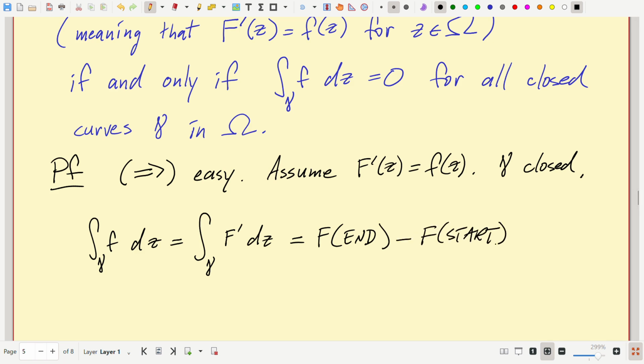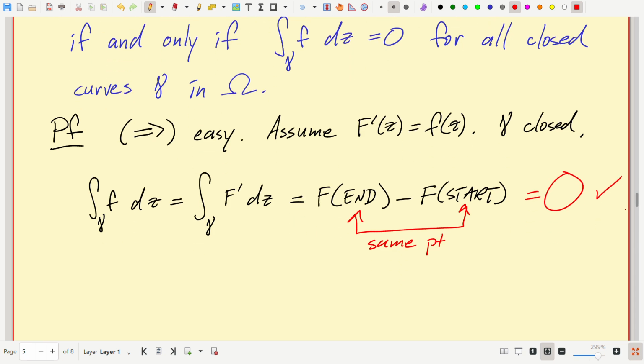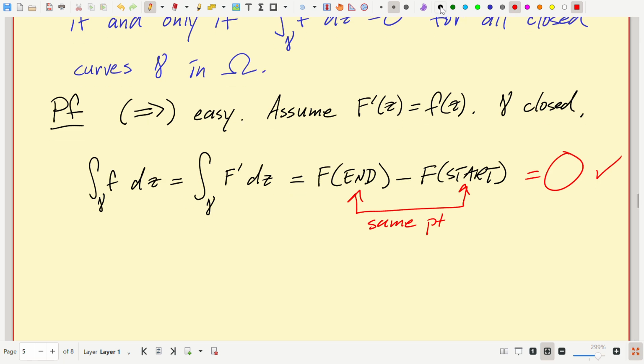And because gamma is closed, these are the same points. And so that's a big fat 0. And that's all I have to check. So that's really easy. Just the fact. The other way now is the one I've got to think about. It's not going to be hard.